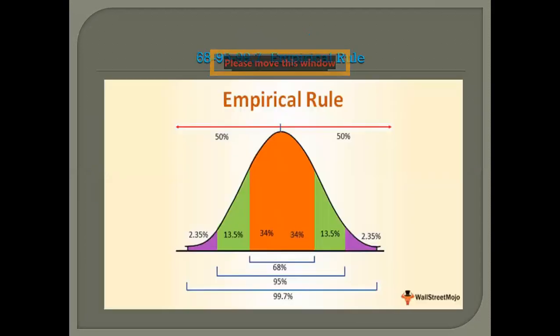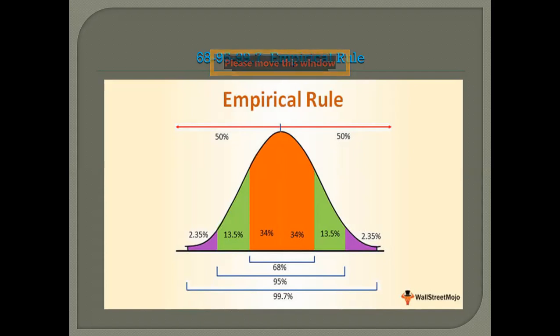Now, this is a very important concept called the empirical rule. Like I told you in the previous session, to be very precise, 68% of the data lies within the vicinity of the mean, within one standard deviation away from the mean.